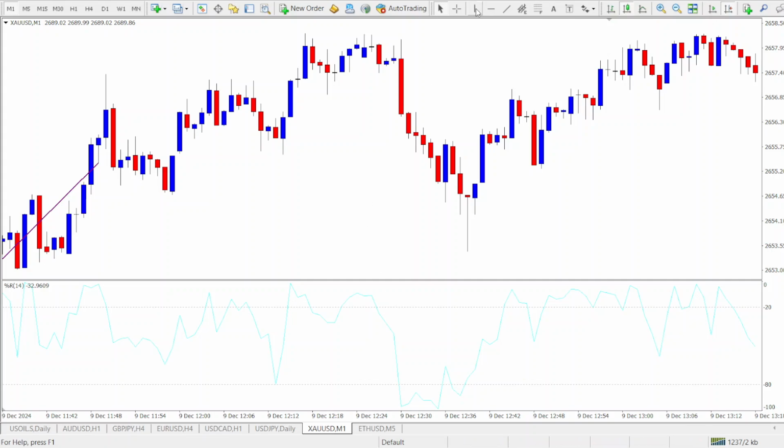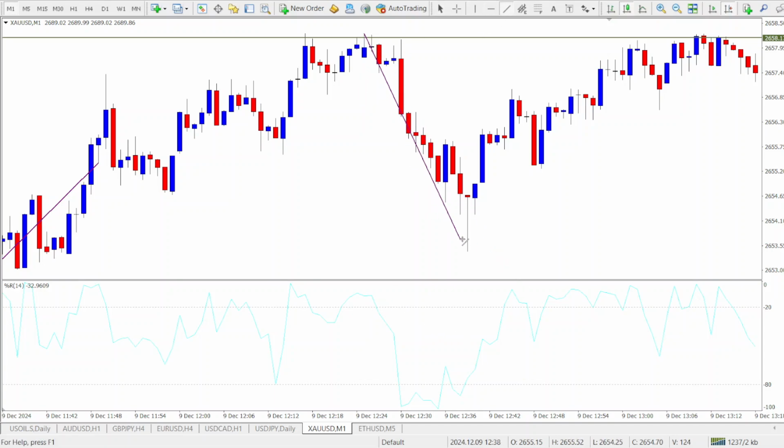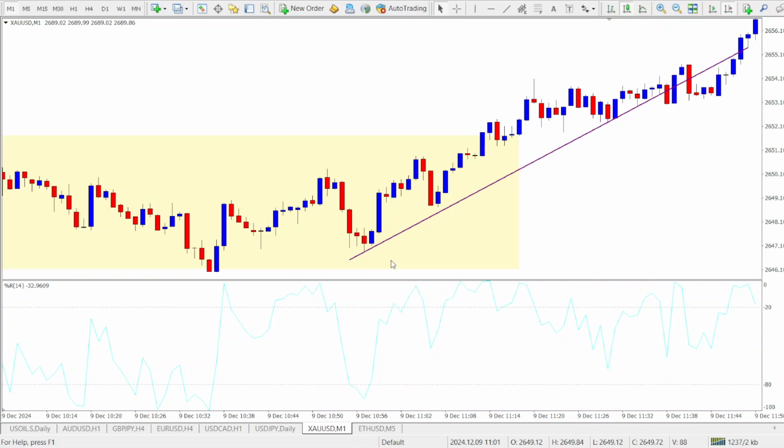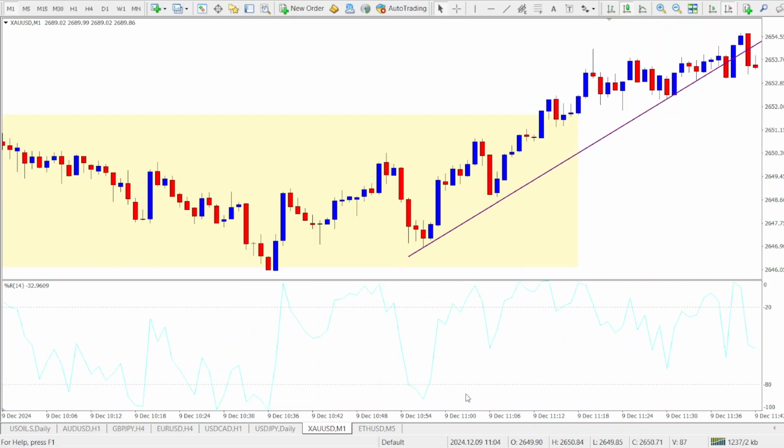Around that time, the price was rejected around the resistance zone, and after the indicator dipped below the -20 level, we actually had a reversal to the downside. Conversely, when the indicator enters the oversold territory and begins to move upward, it could indicate a long trade, and you can see we had a bullish move.